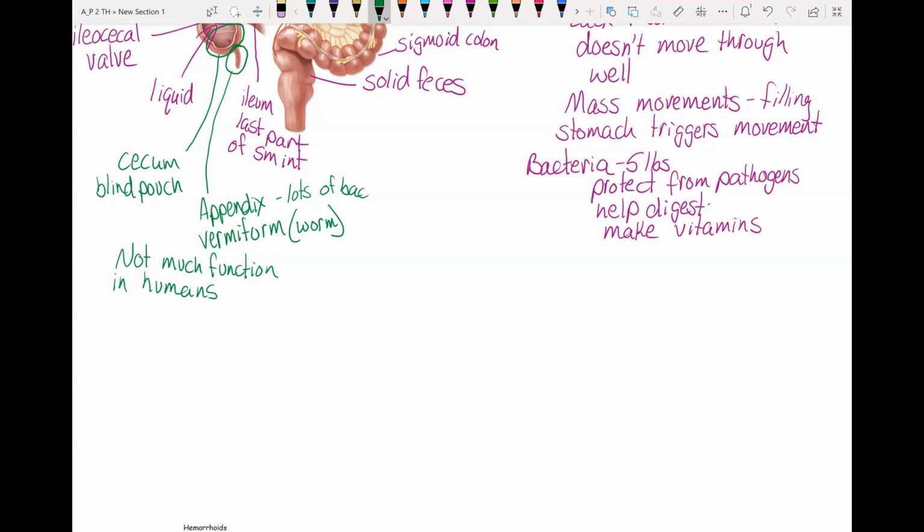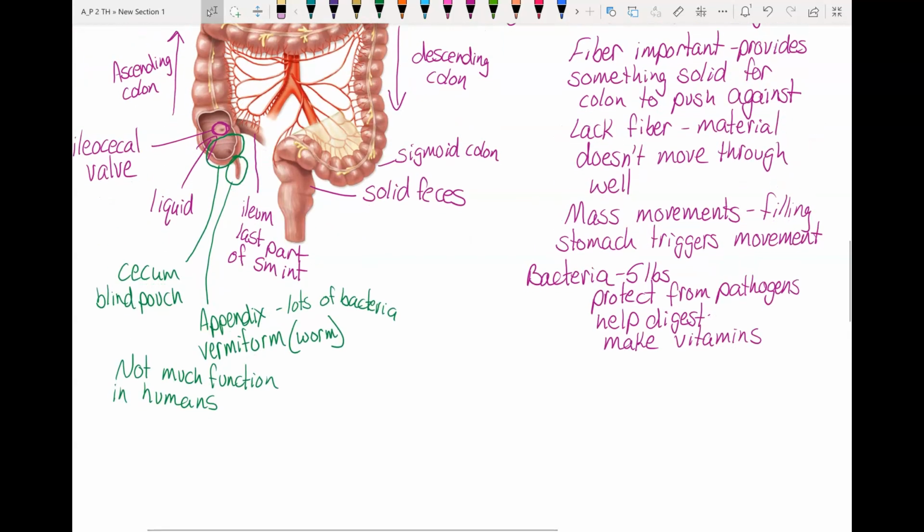And as long as these bacteria stay in there and behave, you're fine. But sometimes they can get overgrown, and if they escape from your intestine and get into your bloodstream, that's very dangerous. You definitely don't want any of these bacteria from the large intestine escaping from the large intestine.